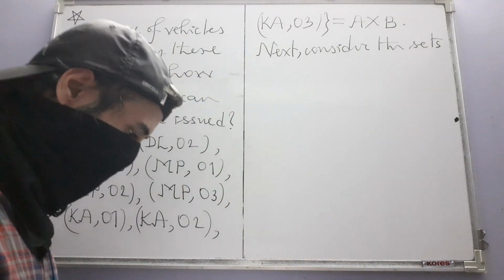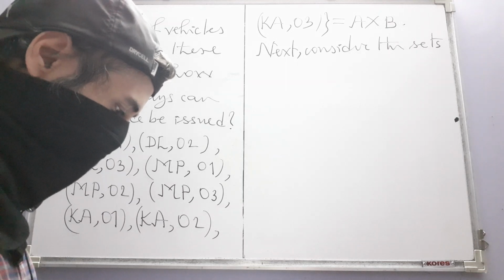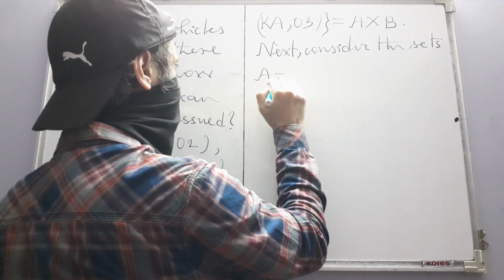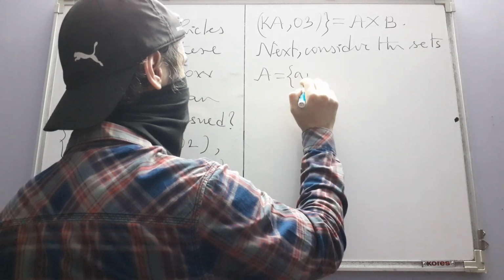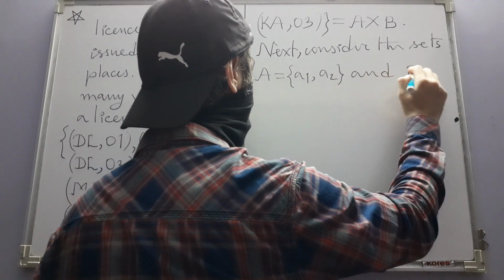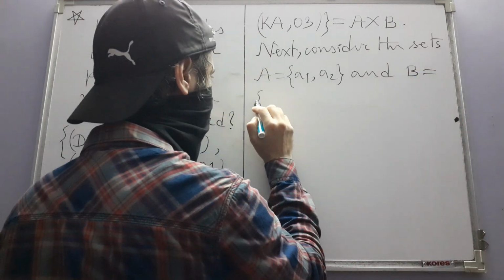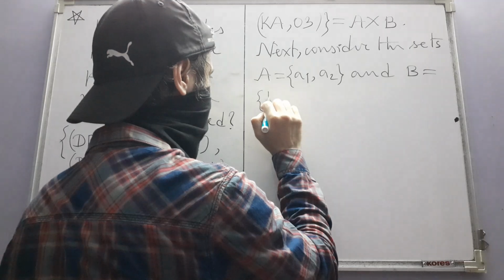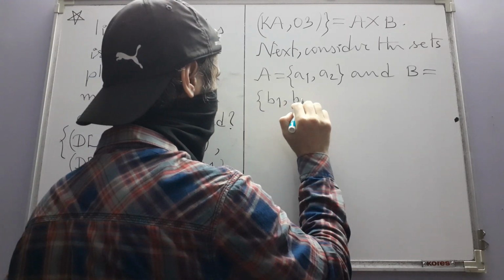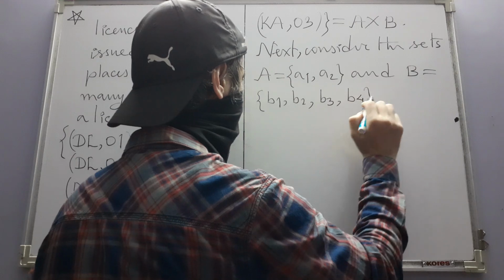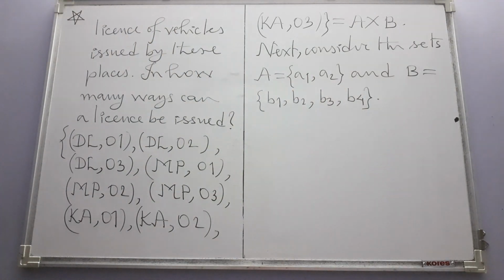So here A is just the set consisting of 2 objects, A1 and A2, and B is the set consisting of these 4 objects, B1, B2, B3 and B4.